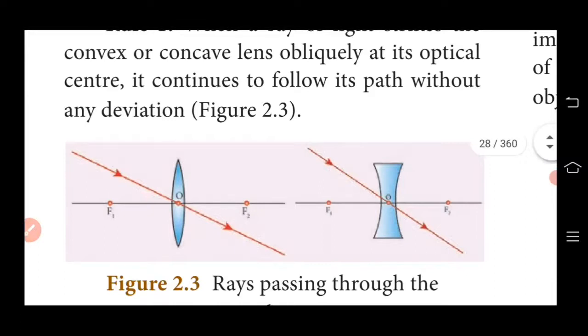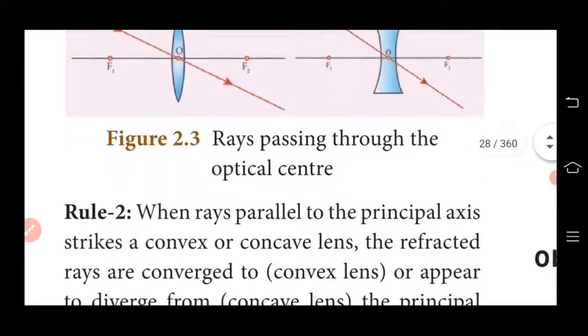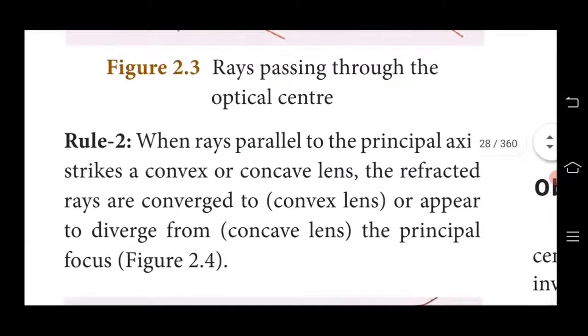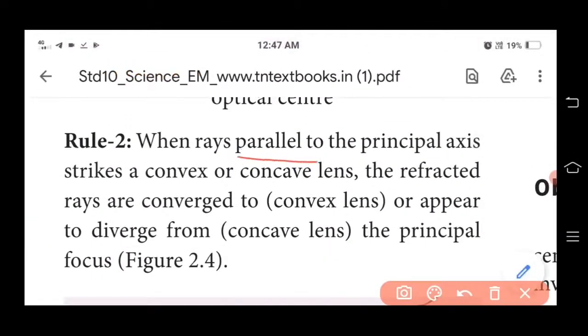And then rule 2, when a ray parallel to the principal axis strikes a concave or convex lens, the refracted rays converge at, or appear to diverge from, the principal focus.